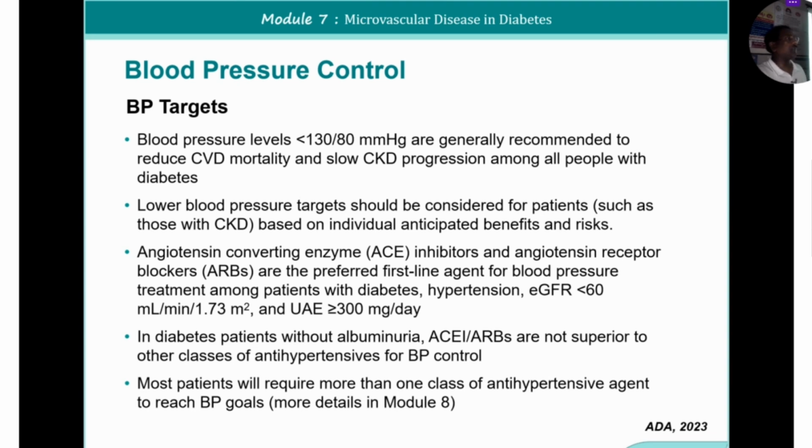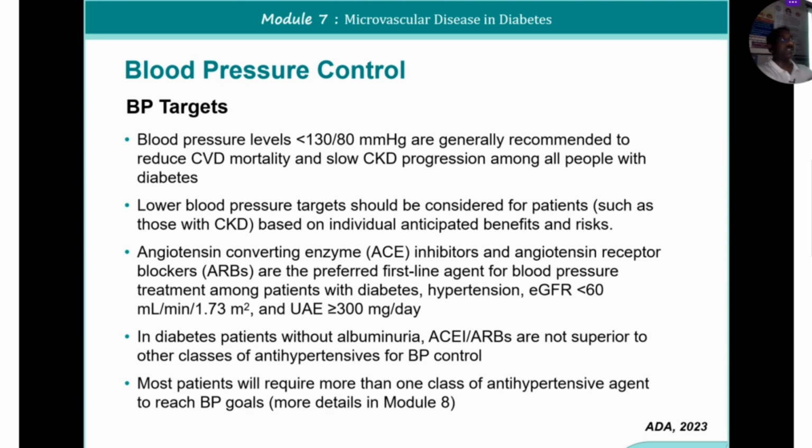So if the diabetic patient is also hypertensive, give equal importance or much more importance to reducing the blood pressure. Am I clear? Don't underestimate the importance of BP lowering in a diabetic individual. BP lowering in a diabetic individual is a very, very important step to reduce the long-term complications.